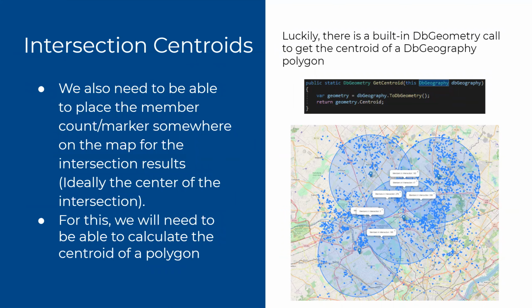There's another complicated algorithm on how to find that, but as you see from that little code snippet, there's a simple centroid property of a DB geometry that we can pull up right away. So we use that to get our centroid, and that way we can mark our intersection counts on the map, as you might be able to see here in the screenshot.